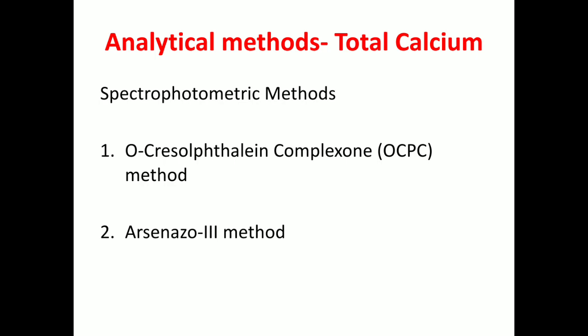Different labs use different methods, and there are many commercial kits available for each. In the central lab of NBMC, as you all know, the Arsenazo 3 method is used, but in many labs OCPC is also used. Let us see both methods one by one, because in your exam each of them can come as a question, or both maybe.